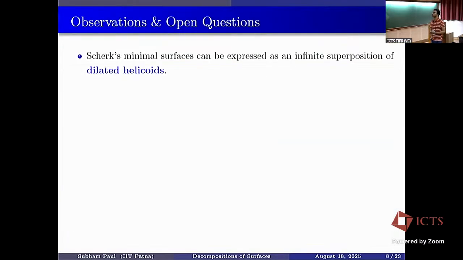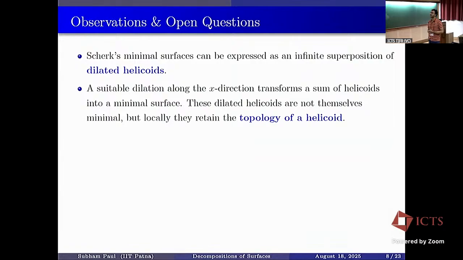Now, what are the observations and what are the open questions one can ask from this? This Scherk's minimal surface can be expressed as an infinite superposition of these dilated helicoids. Next, from the expression you can see that only if we have the dilation in the direction of x, then the summation on the right-hand side leads to a minimal surface on the left-hand side, that is, Scherk's minimal surface.